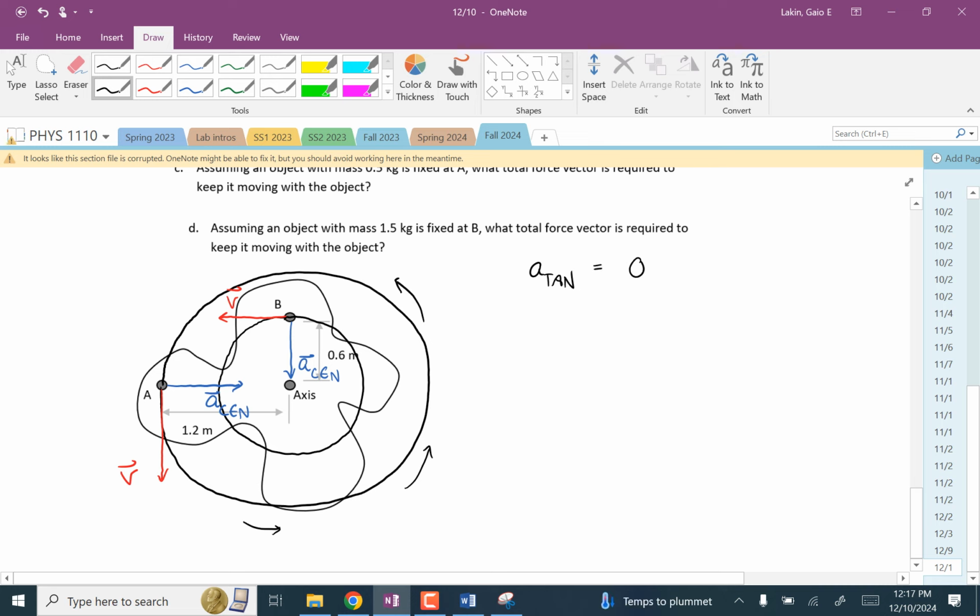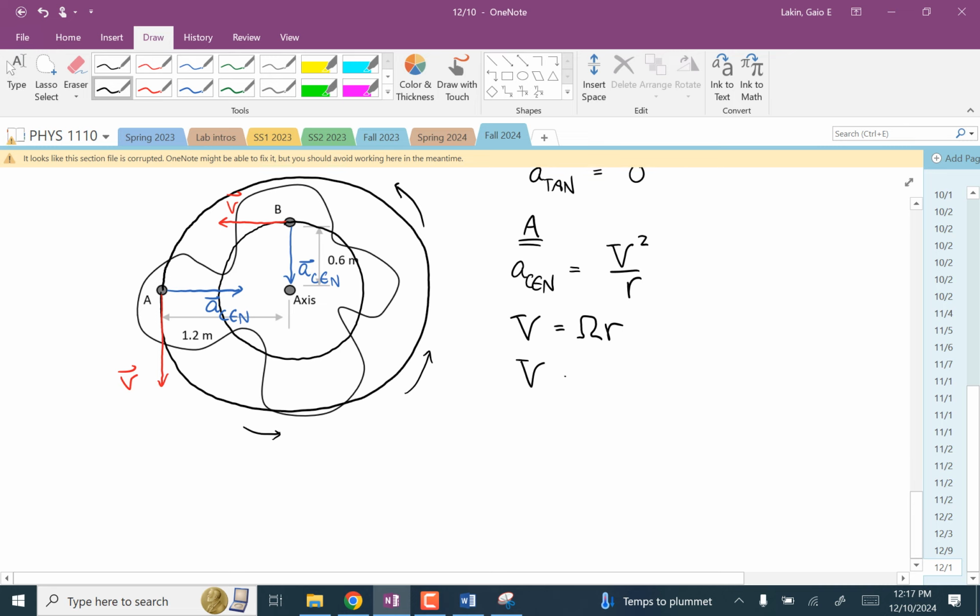So the centripetal acceleration at the point A, the magnitude is v squared over r. We don't know v yet, but we can calculate that using this equation. V is equal to capital Omega times r.